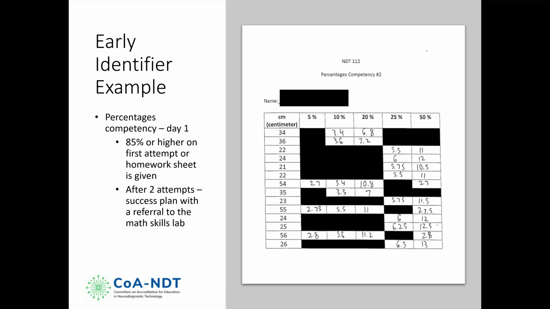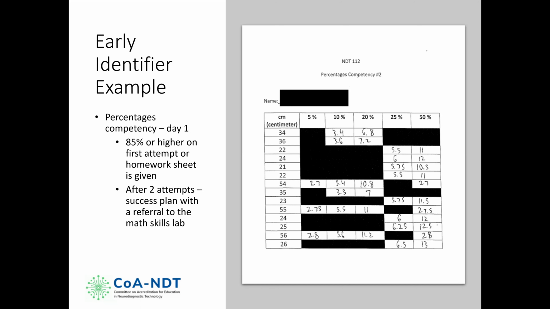So on day one, we give a percentages assessment, and this is number 2. Number 1 is actually quite a bit more extensive, and it's the first thing they get, with a 15-minute time limit, just to see where people are at with percentages, because we just assumed that people knew percentages since we didn't teach math. If they don't pass the first attempt, we give homework to take home that week, and then they get a different assessment the following week.